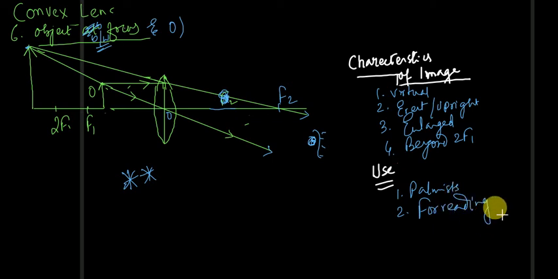Okay, so this kind of things are used. Very important, the only case where the convex lens will be forming your virtual image, only case. Normally the convex lens will be forming real image only. If the object is between the focus and the optical center, it will be forming the virtual image.